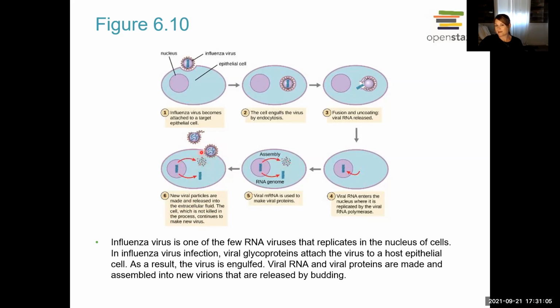Just enough gets made that it buds off, and then the plasma membrane seals back up and the cell can make more viral particles. So that's pretty cool that the flu can do that, right? It's not going to kill your cells. It's just going to use your cells to make more of itself. So the unusual thing is that the mRNA makes its way into the nucleus. Got that? Okay, let's go back a slide.